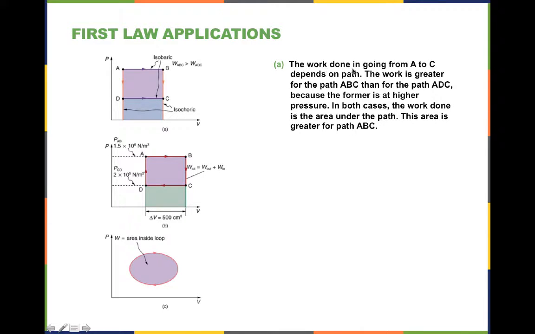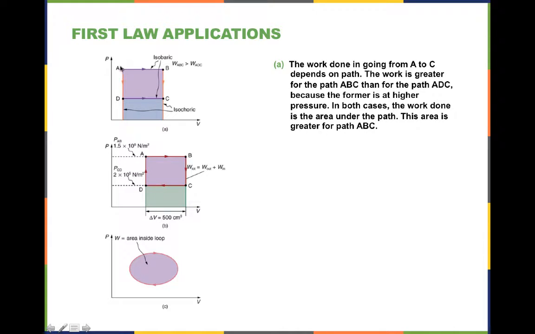So, work done going from A to C can be done in this direction along an isobaric line, and then down the pressure line this way, or it can be done going in this direction first, followed by this direction.